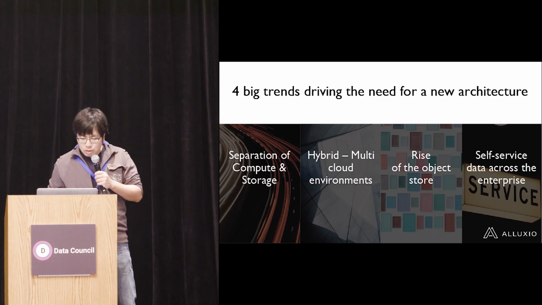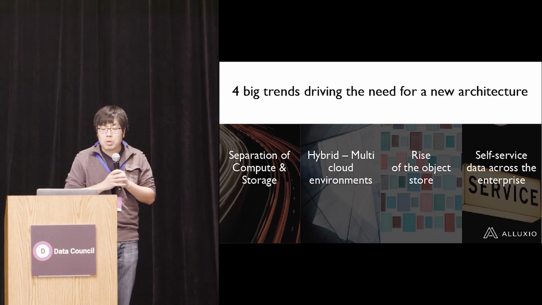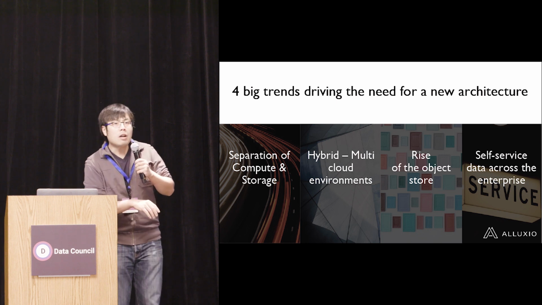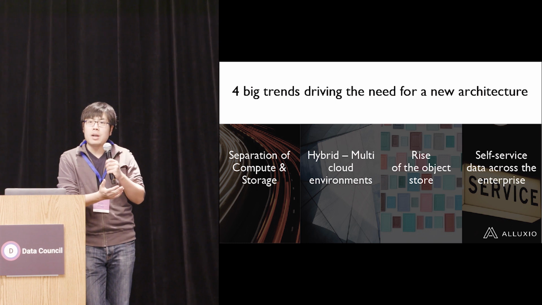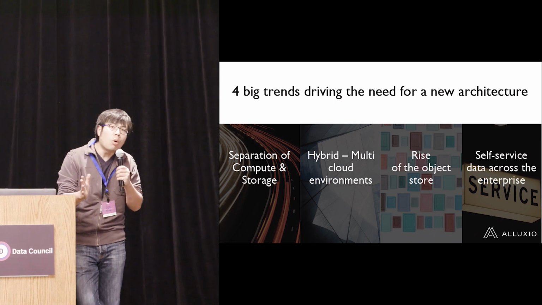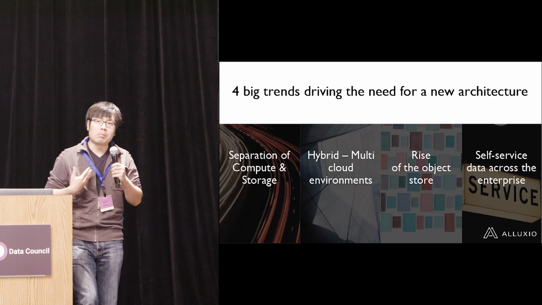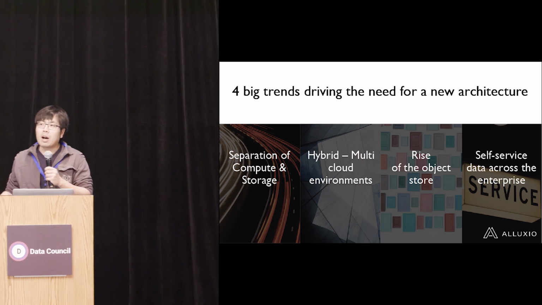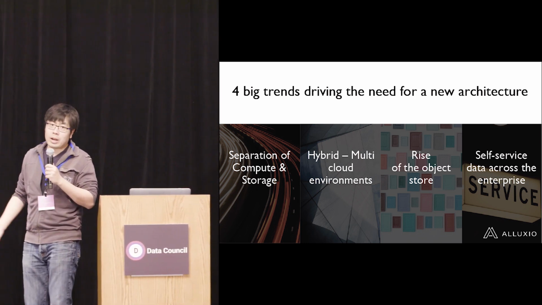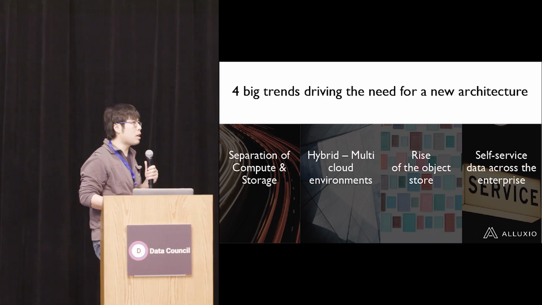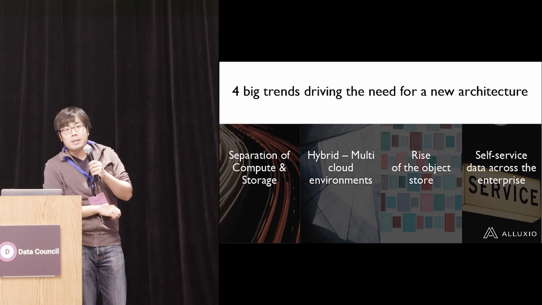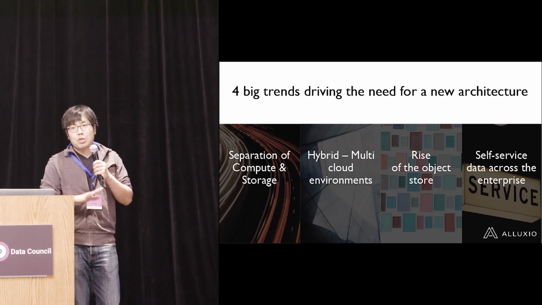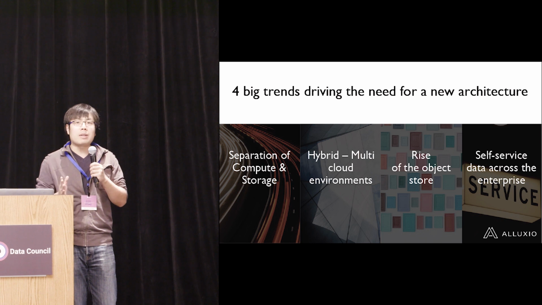The next trend we see is the hybrid and multi-cloud environment. If you talk to companies founded in the past 5 years, a lot of them are born on the cloud, like our company. We don't have a single box in our office or in any data warehouse. All the infrastructure is built on AWS or similar public cloud vendors. Moving to the cloud is taken for granted for a lot of new companies.